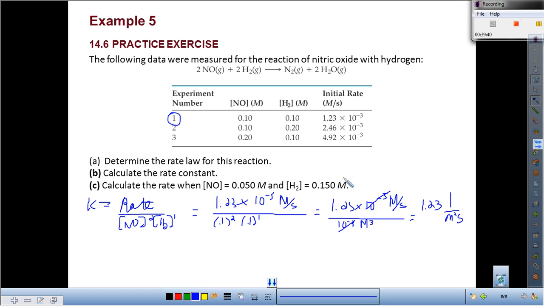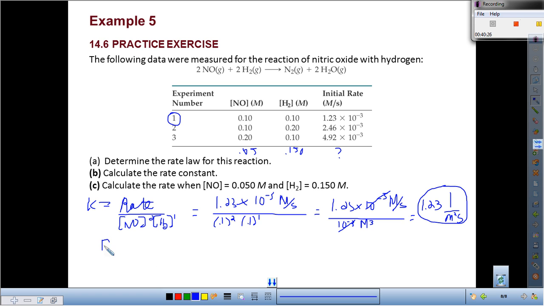And then the last question says, okay, well now let's calculate what the rate would be, if the concentration of nitric oxide was 0.05, and the concentration of the hydrogen was 0.150. Well, we just calculated K, and we're going to use that number and plug it into our rate law.